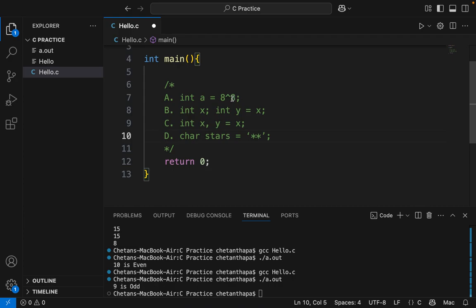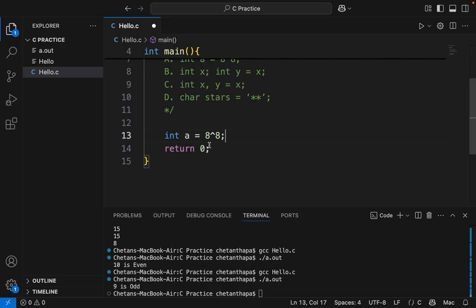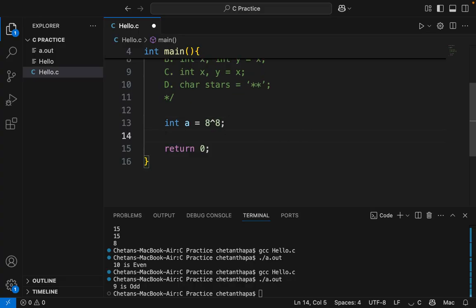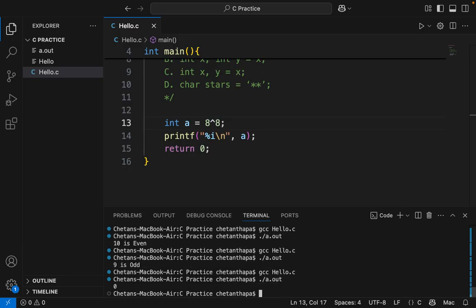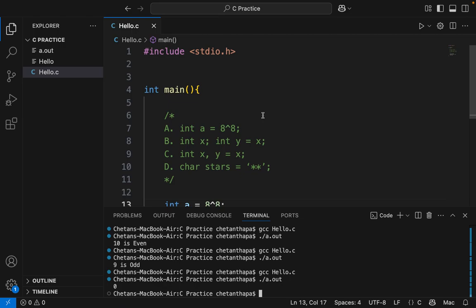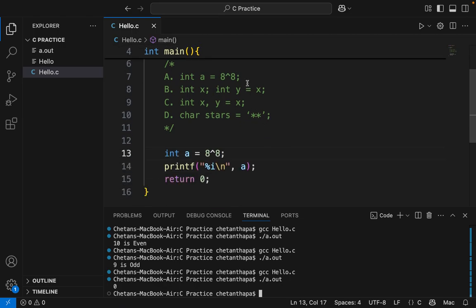Just check int a, percentage i. Okay, so this is some other bitwise operator, which you will see in further videos. So it runs properly.